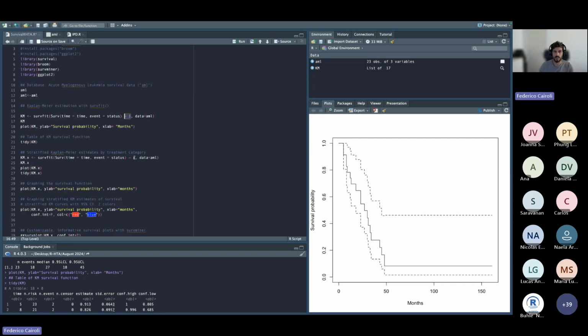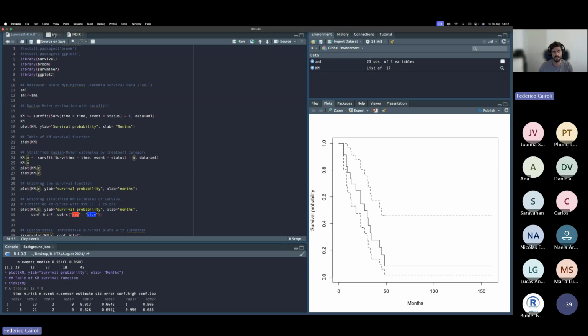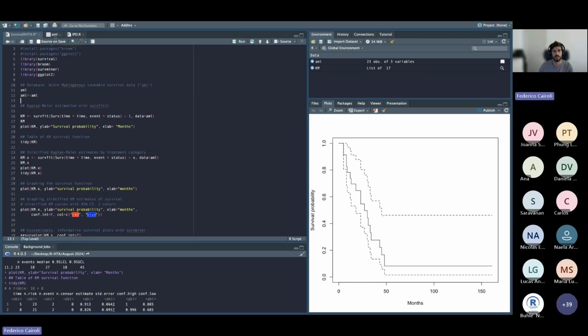Instead of putting 1, we are going to put the name of the column. In this case, the name of this column is X. So this is exactly the same code as we have here, but we stratify by treatment category. Of course, we are creating another object, which is not km, it is km.x. You can put any name that you would like; I just decided to put km.x.